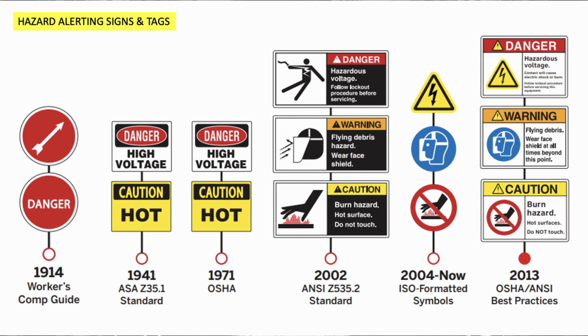In 2004, when ISO formats and graphical symbols came, they started being used in the newly updated signages of the ANSI standard, and the same was taken forward in the new OSHA signages, which are used as best practice signages. As you can see in the image, the danger, warning, and caution signage has the pictogram or ISO formatted graphical symbols along with the text message.